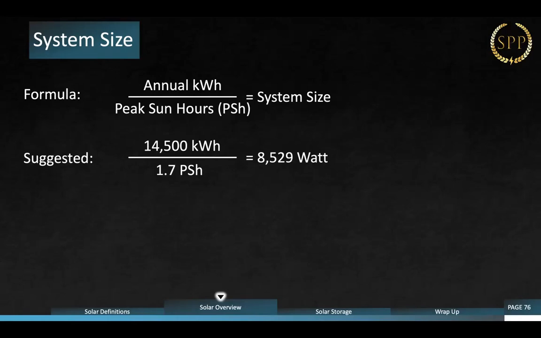We took that information based off the geographic location, the tilt that we're going to be using for that system, the sunlight hours that are going to be available, and the azimuth, and we figured out it's going to be 1.7, which gives us an 8.529 kilowatt system, or 8,529 watt system.